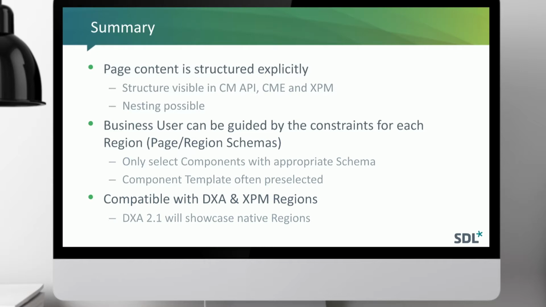So it's not only about that integration, but we now really use these page and region schemas in DXA. Before, you still used different component templates to indicate which region it goes in, and now we can simplify that and just use the regions mechanism.